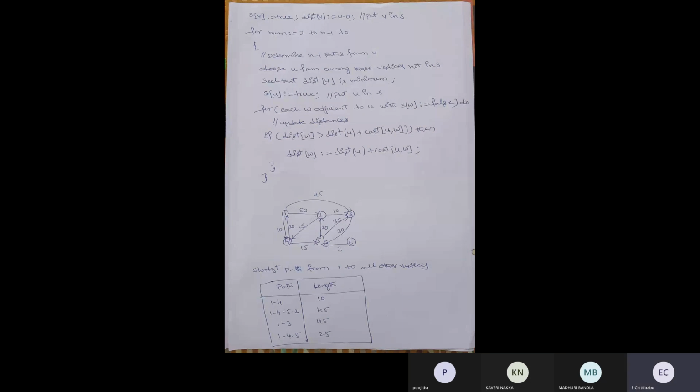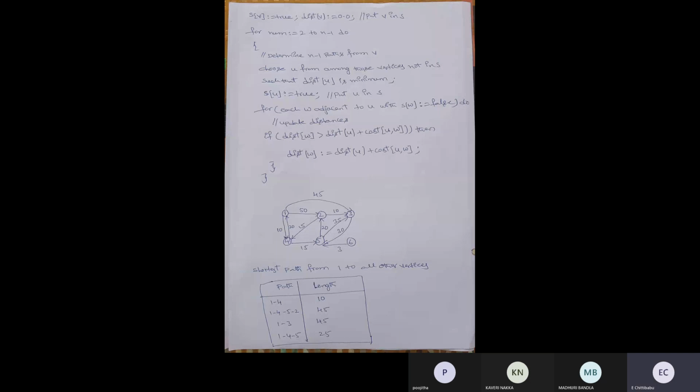The condition is: if distance of w is greater than distance of u plus cost of u comma w, then perform this operation: distance of w equal to distance of u plus cost of u comma w.